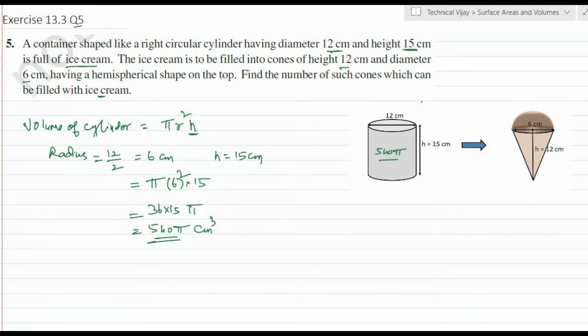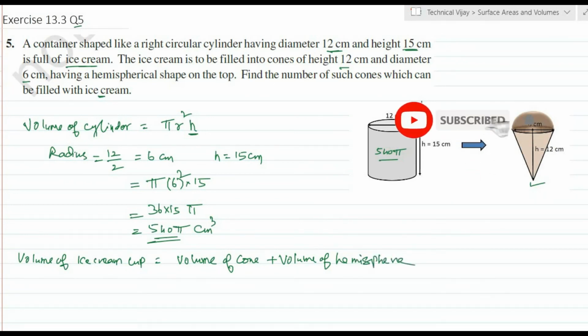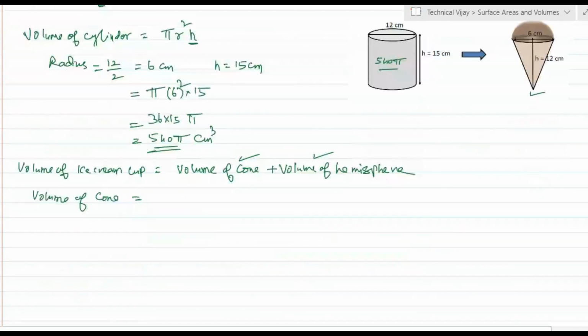Now this volume also we have to calculate, that is the volume of the ice cream cup. It is equal to the volume of the cone plus the volume of the hemisphere, because the top is in the form of a hemisphere. So volume of cone is 1 by 3 pi r square h.